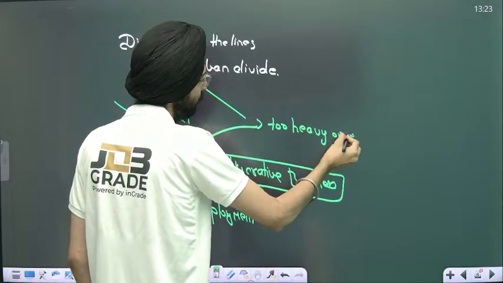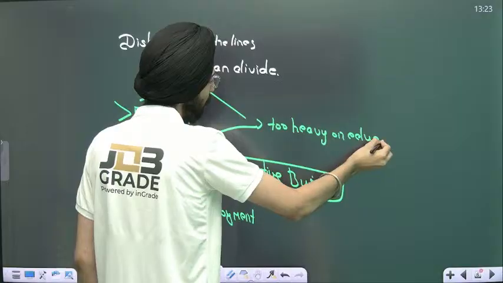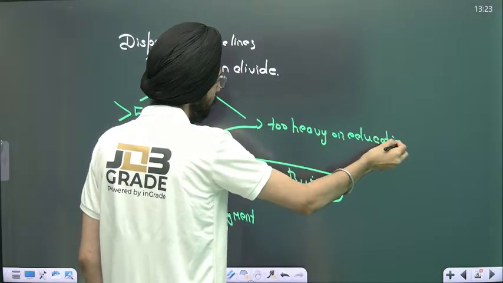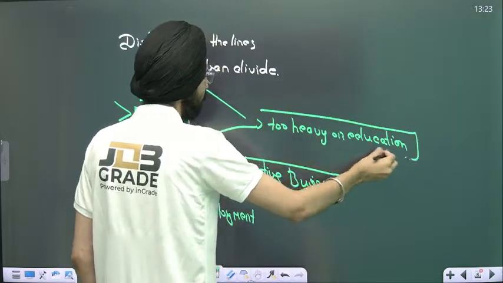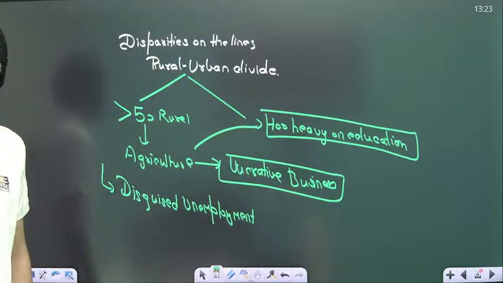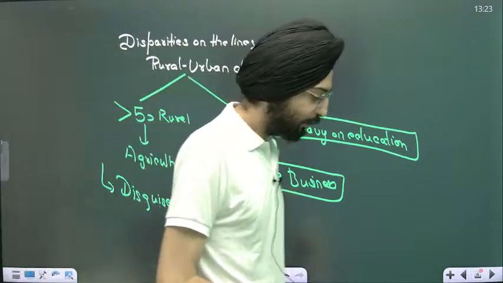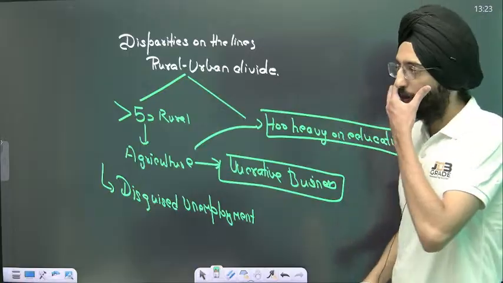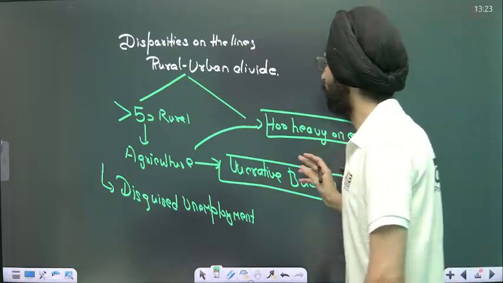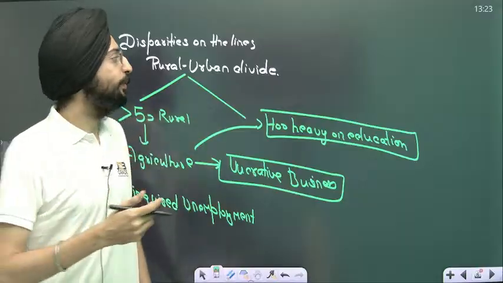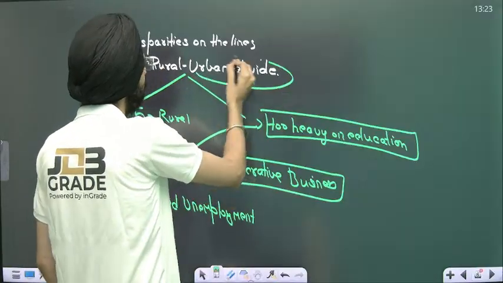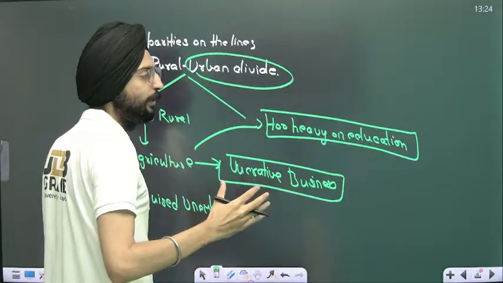The point is, if they're not going to spend too heavily on education, who's going to spend? The urban people. Again, when I talk about urban people, it's very important.